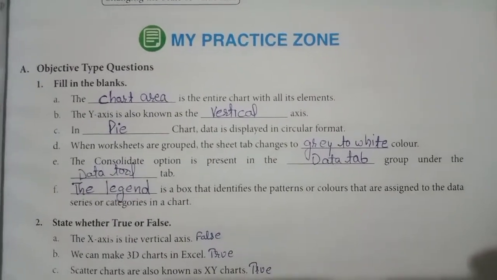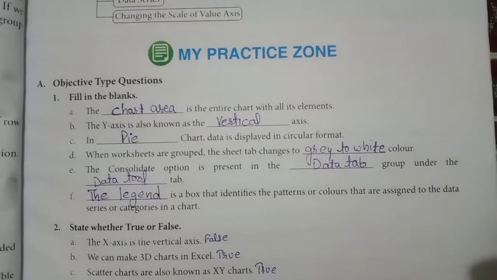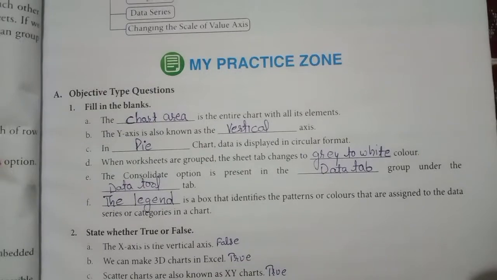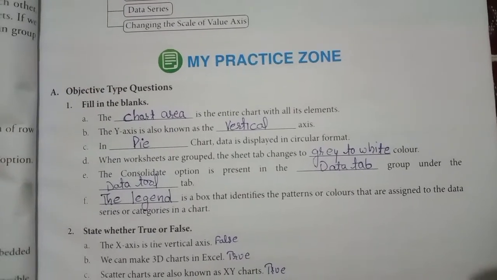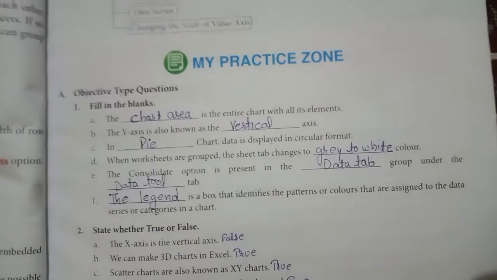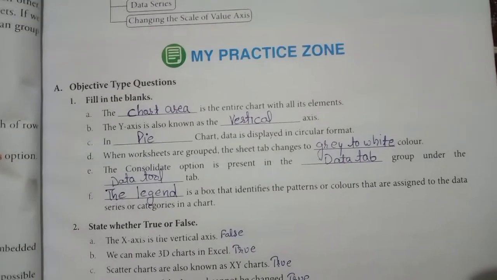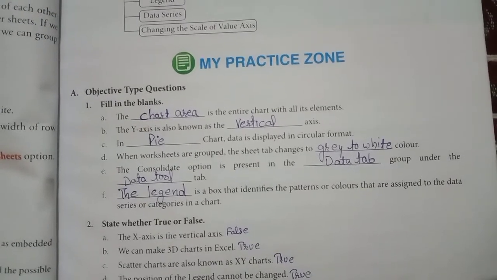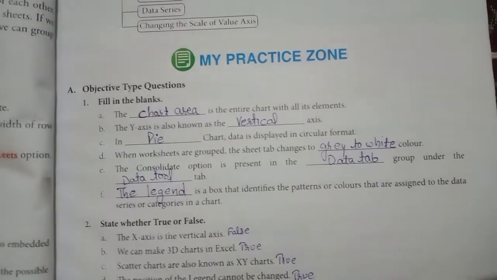The chart area. Chart area is the answer: the entire chart with all its elements. The y-axis is also known as the vertical axis. In a pie chart, data is displayed in circular format. When the worksheets are grouped, the sheet tab changes from gray to white color.